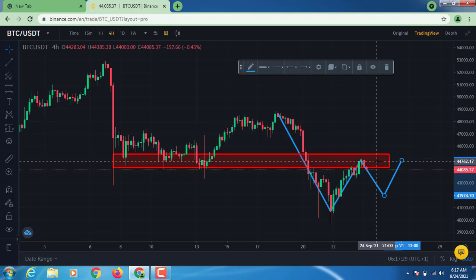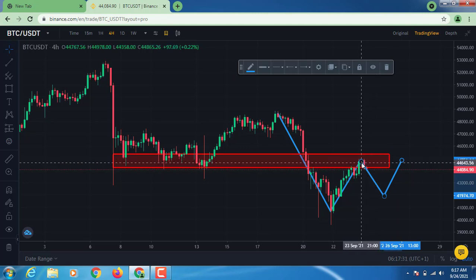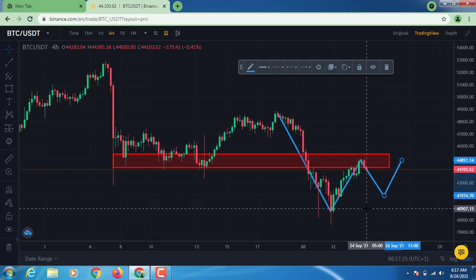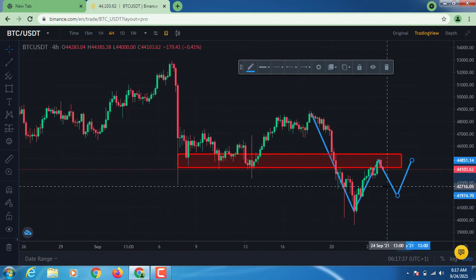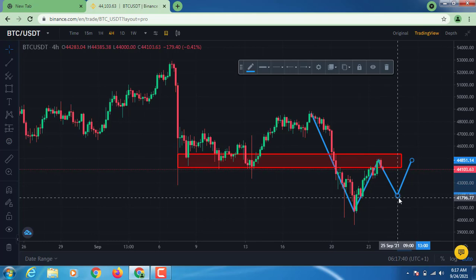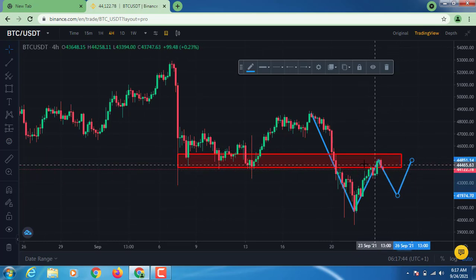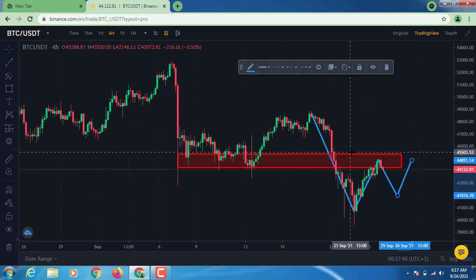So right now, like I said earlier, what I'm expecting on Bitcoin is for price to drop a little bit down, either up to this point but not creating a new low. Okay, so that is what I am actually expecting on this very chart, BTC USDT chart. Very simple and straightforward analysis.